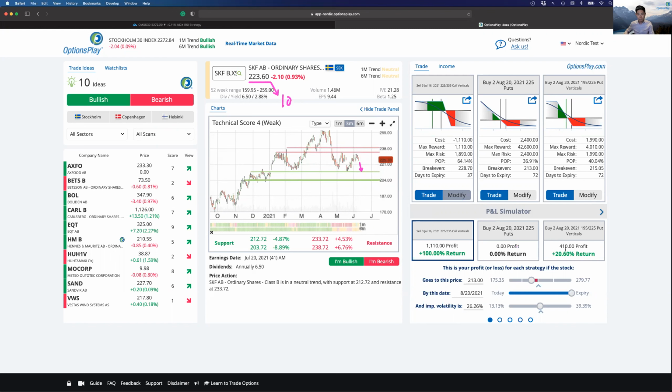That's when the credit spread is going to be better. For the same amount of risk, one is 1990, one is 1890, same amount of risk, the credit spread will give me 1,100 crowns in profit versus the debit spread is only going to give me 400 crowns in profit. So your directional view is what is going to help you determine whether you should trade a debit spread or a credit spread.